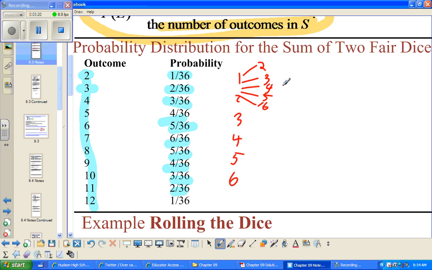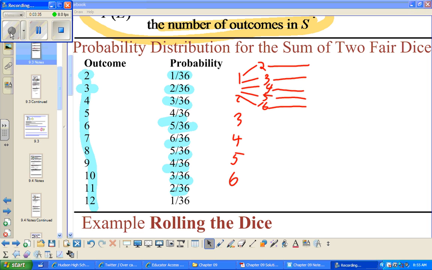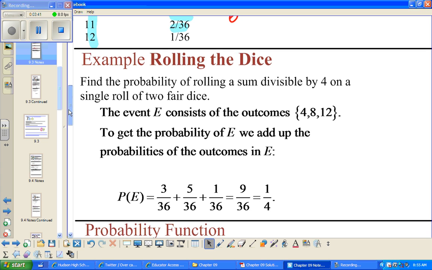And then what you would do is say what the sum is, what the sum is, what the sum is. And every one of these answers you would get would have a 1 in 36 chance of being what you want. So kind of real quick, that's how you could get all those possibilities. So now we're going to use that information to answer some problems.